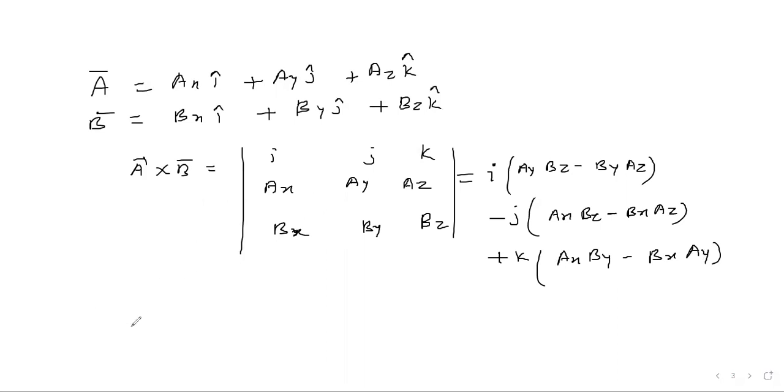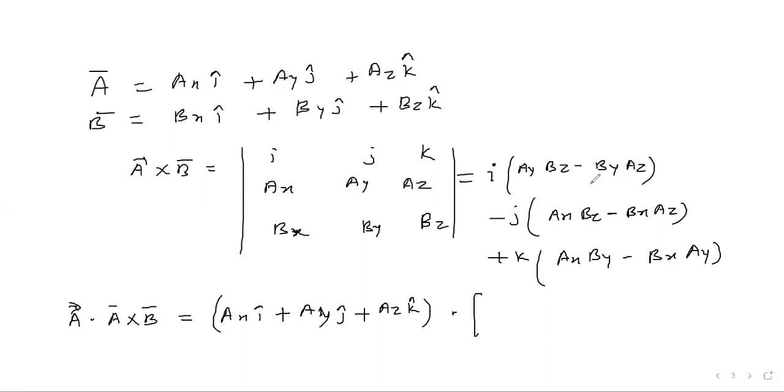Now we have to find out A dot A cross B. So we put the values: AX i cap plus AY j cap plus AZ k cap dot this value. Now, if we multiply, what do we get?